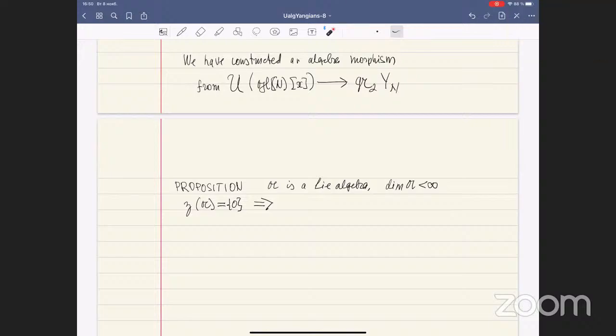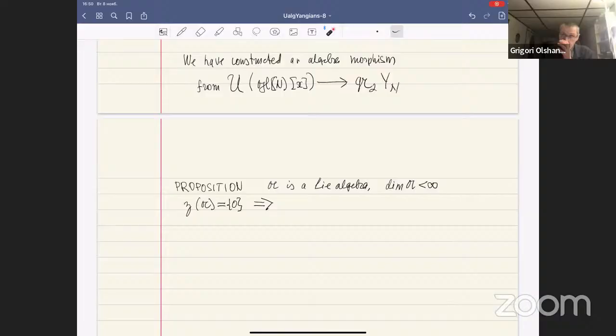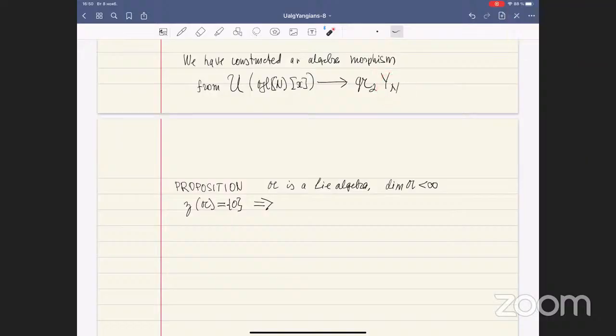Okay, thank you. I think I understand it a bit more. But anyway, this should follow from the PBW theorem for this algebra and this algebra.